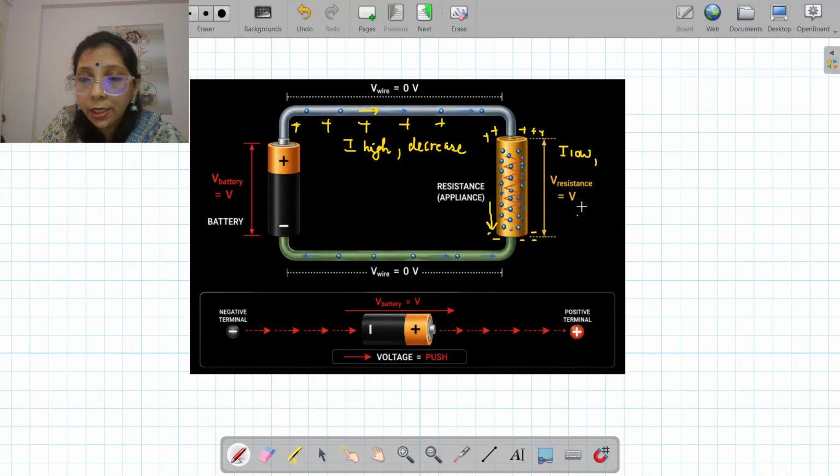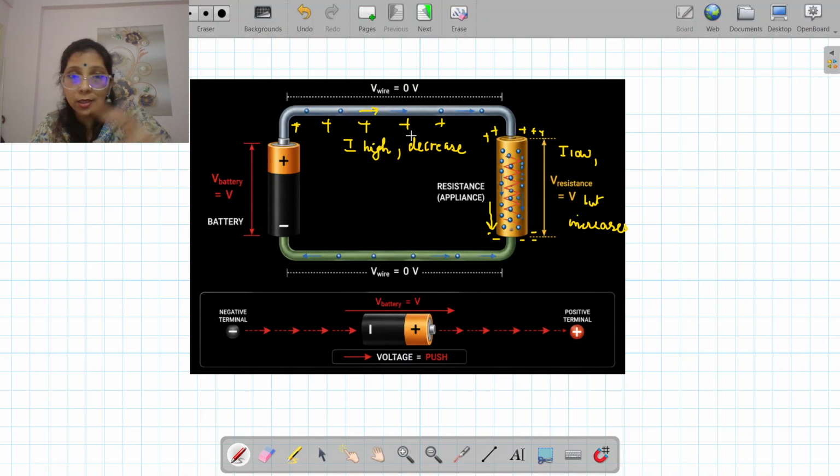Low, but increases. Over a period of time, this continues to happen until the high current and the low current both become equal. And that is what you call the steady state. This is what you have studied. The current stays equal throughout the circuit, right?